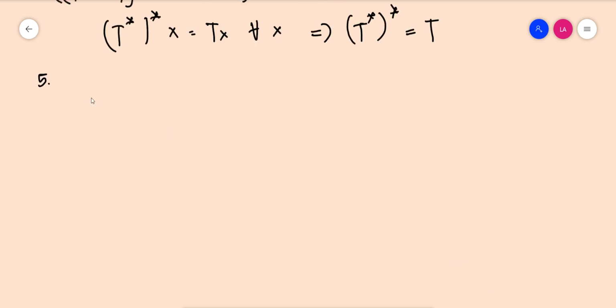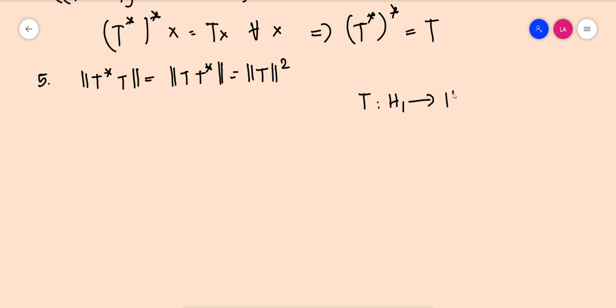The next property is norm of t star t should be equal to norm of t star should be equal to norm t square. Since t is a linear map from h1 to h2, t star is a linear map from h2 to h1.